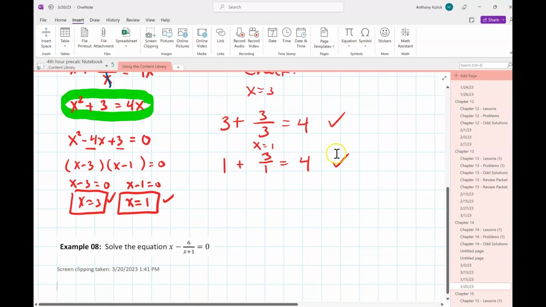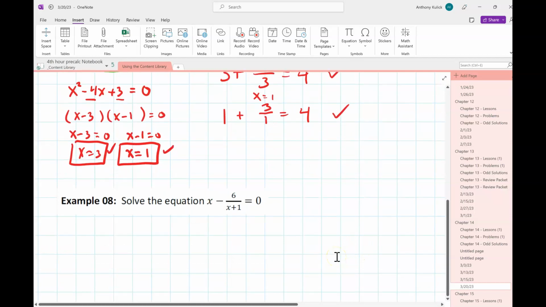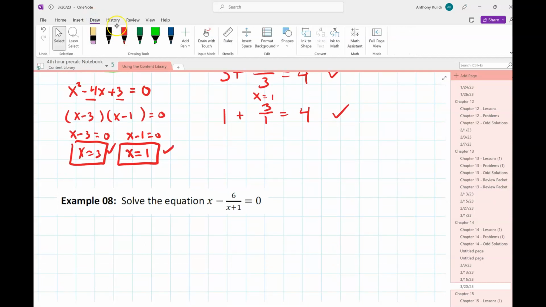Let's do another example. Okay, so the first thing I'd want to do is clear fractions. Who can tell me what I need to multiply both sides of this equation by to get rid of the fractions?